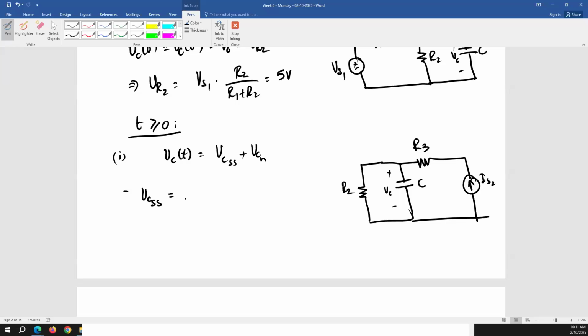Come on, guys. It's going to be open. When it's running for a very long time, the capacitor is fully charged, it's going to be open circuit. So when it's open, what will be the voltage across the capacitor?